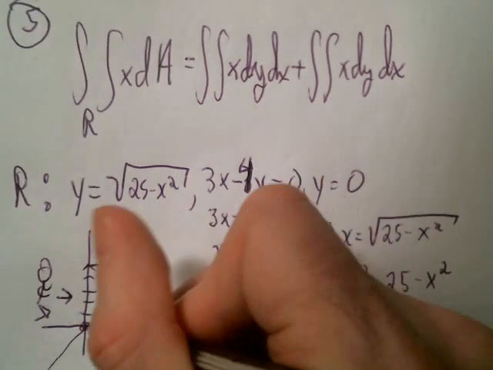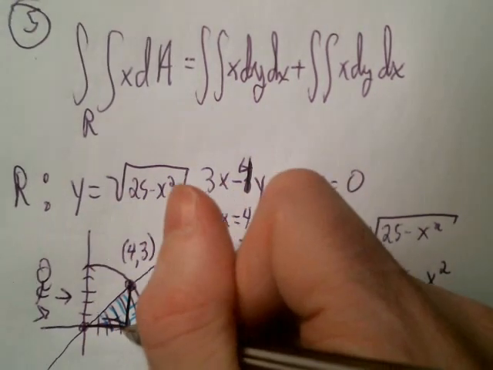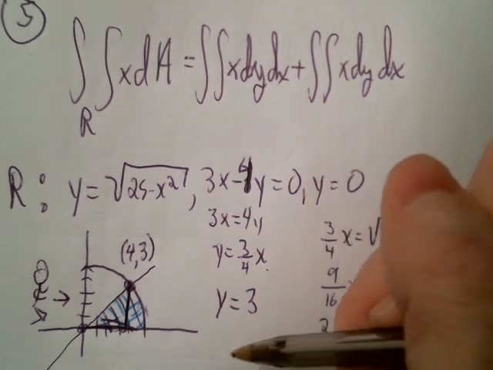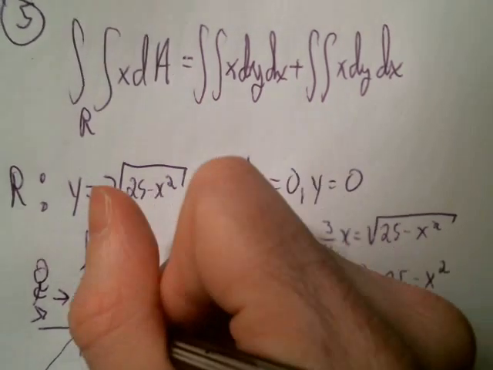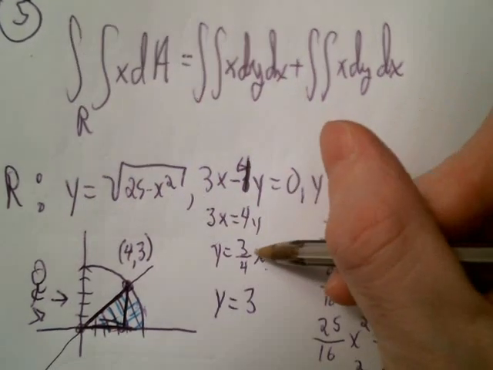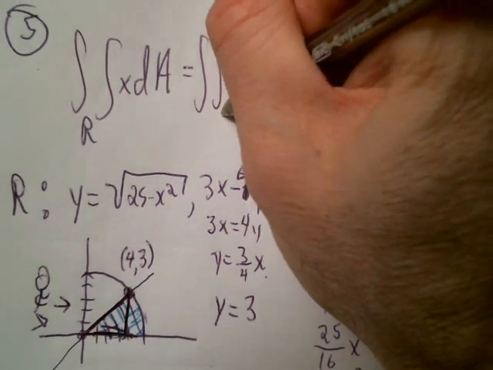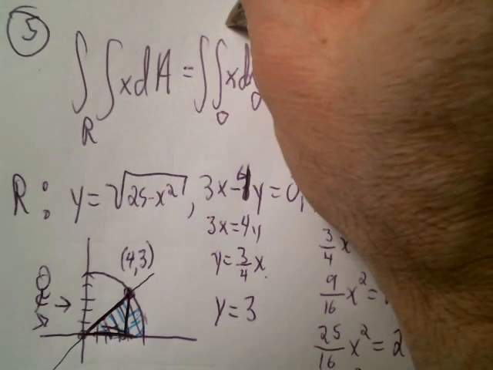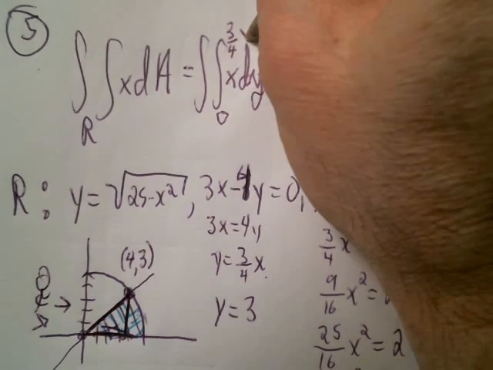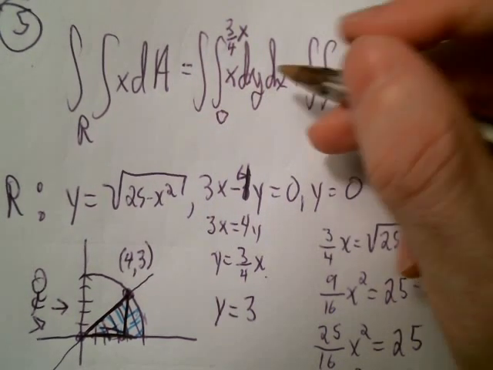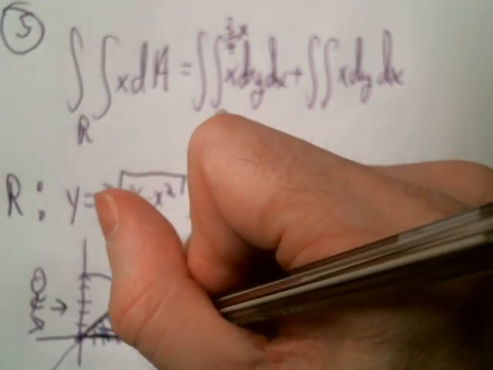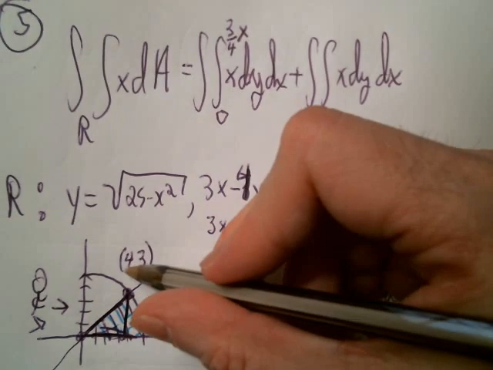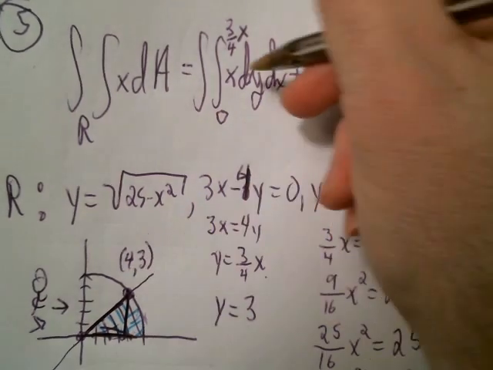So it's y equals 0 to y equals 3/4 x. Okay. And then the Riemann man is going from 0 to the x coordinate, so 0 to 4.